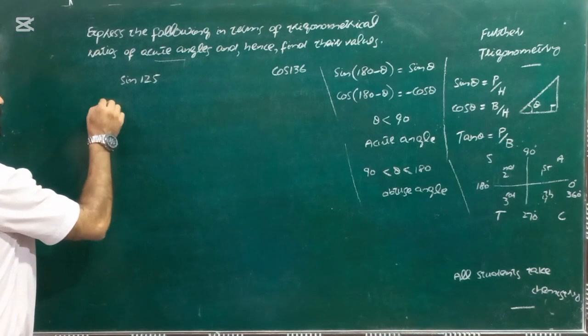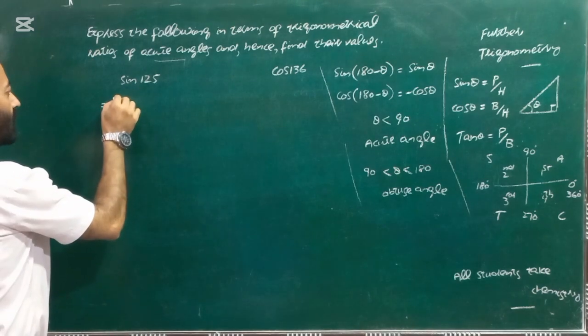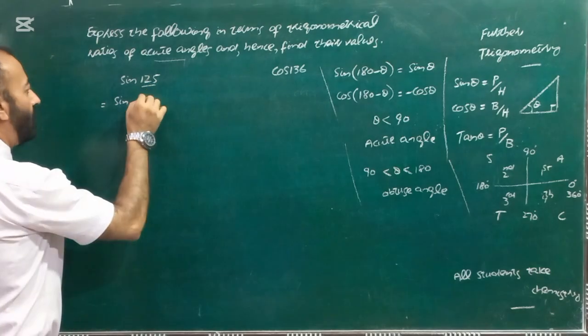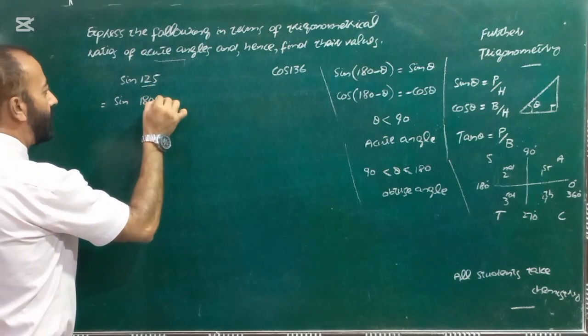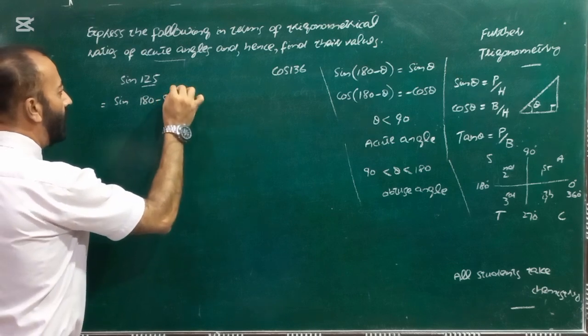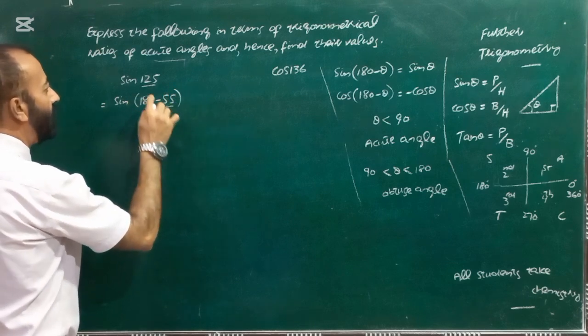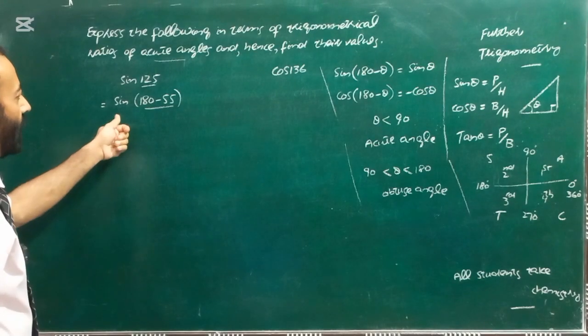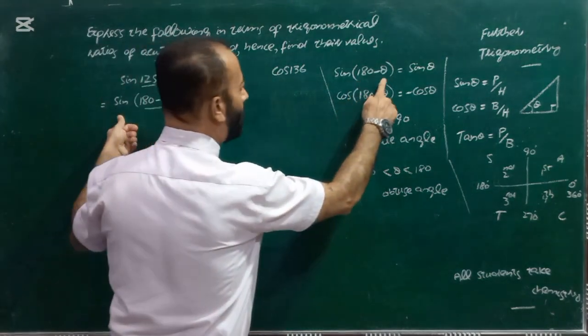So look now, sine 125. So sine will be written as it is, and in place of 125 we will write 180 minus 55, because 180 minus 55 is equal to 125. But according to the concept, here is the concept.